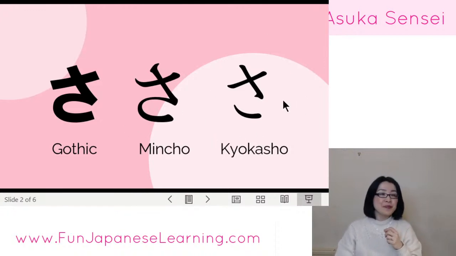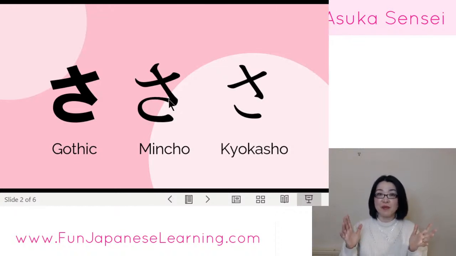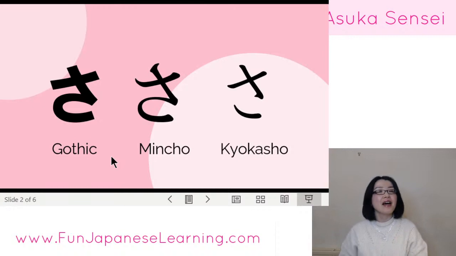Lots of my students found these letters and asked, Sensei, how can I read these letters? They should be the same, hiragana sa, but look very different, don't they? Yeah. They are very different.